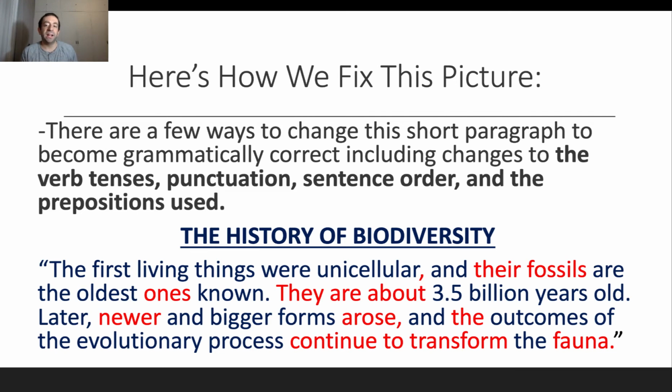So as you can see, I made some additions. I made some changes to the grammar tenses, and I also did something with comparative adjectives. I also changed around the sentence order and added a prepositional phrase. There are a number of changes I made here.